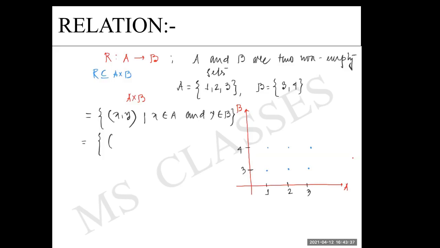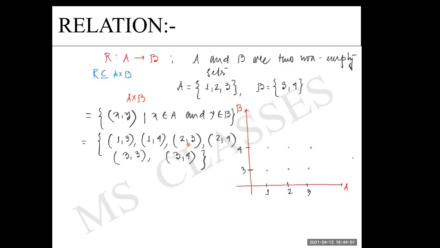You can see (1, 3), (1, 4), (2, 3), (2, 4), (3, 3), (3, 4). So these are the elements which we get from the Cartesian product of the two sets A and B.